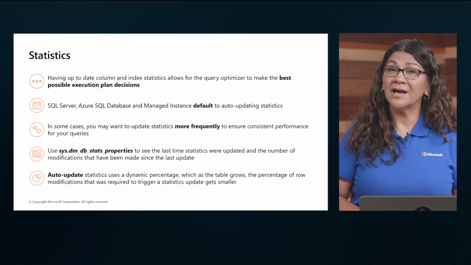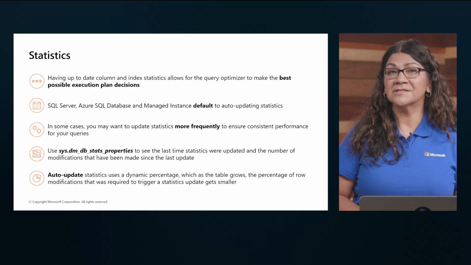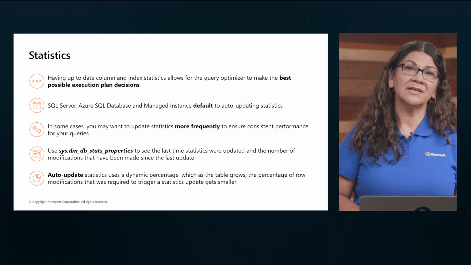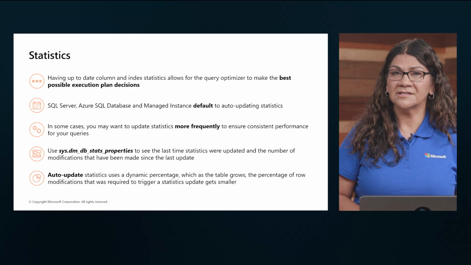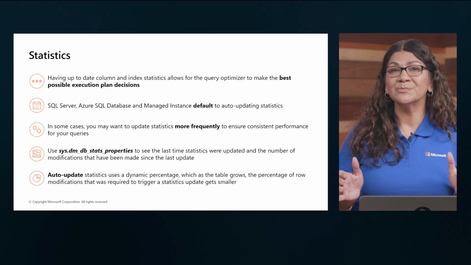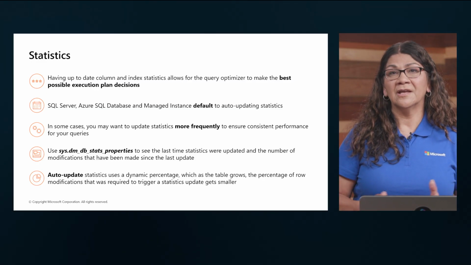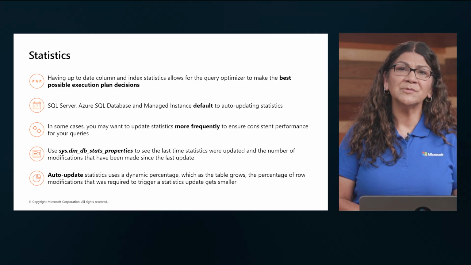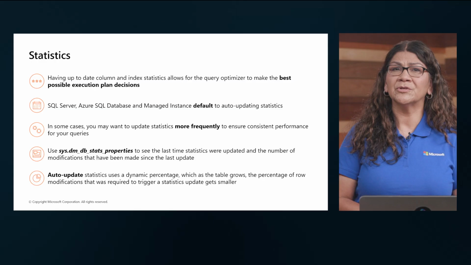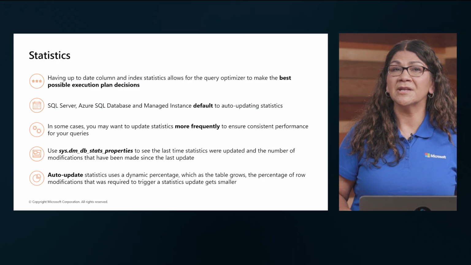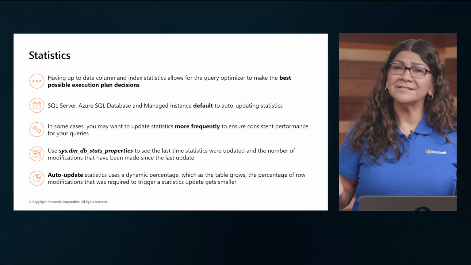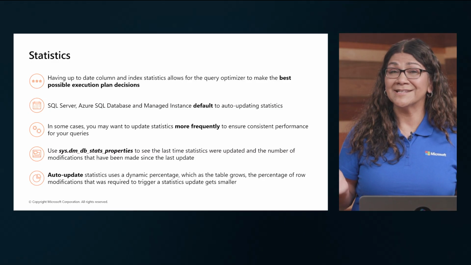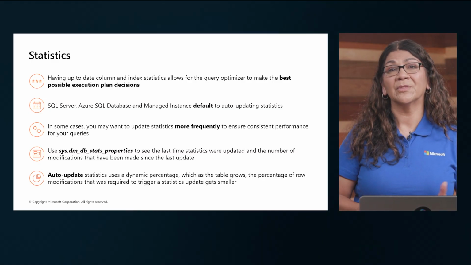Maintain accurate and updated statistics in SQL Server, Azure SQL Database, and Azure SQL Managed Instance to support the cost-based query optimization in generating efficient execution plans. Since the optimizer relies on data distribution insights from column and index statistics, outdated statistics can lead to suboptimal query plans.